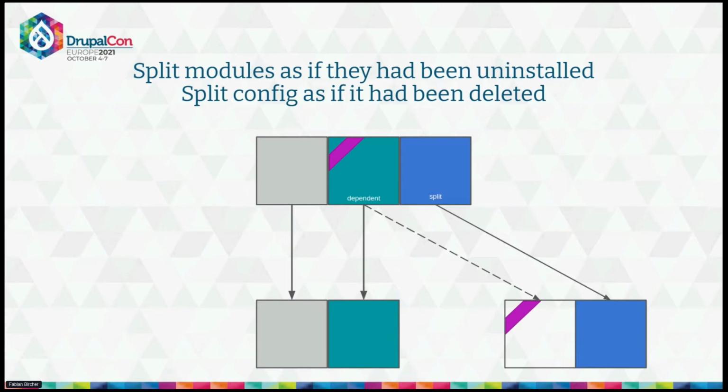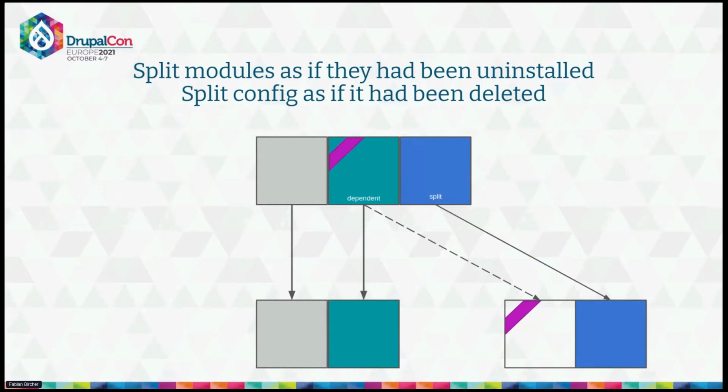But in 2.x, it tries to be a bit smarter, and it tries to change the configuration so that it doesn't depend on the things you split anymore. We are using the core services to do this, the same ones that change the configuration when you delete something or uninstall a module. I hope this is understandable. The blocks here represent configuration.